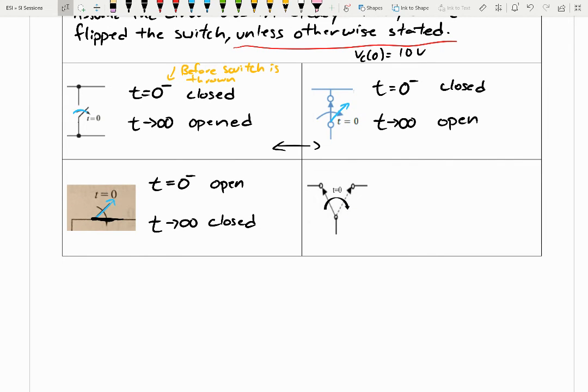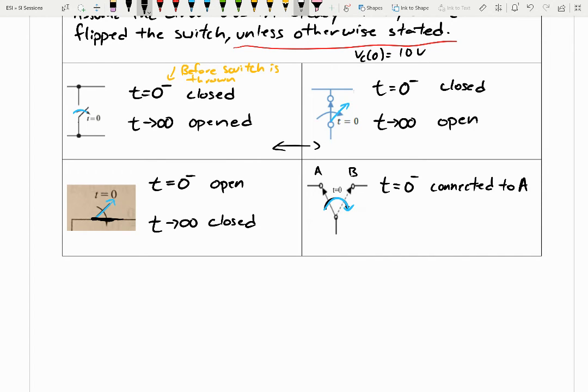And finally down here, let's look at this one. So this is now a situation where we have two terminals and a switch. I'll call this one A, I'll call this one B. So we can see that initially we are connected to A. It's pretty easy to see that we're right there. But then we're going to come in, hit it with this arrow.